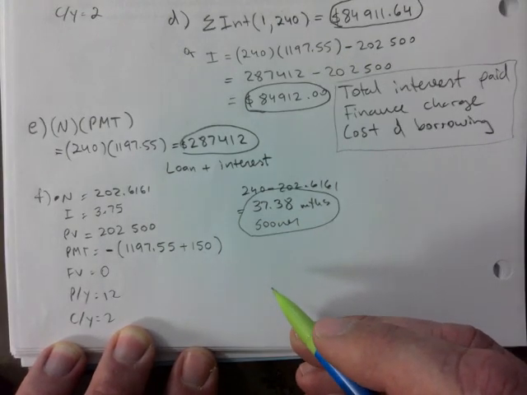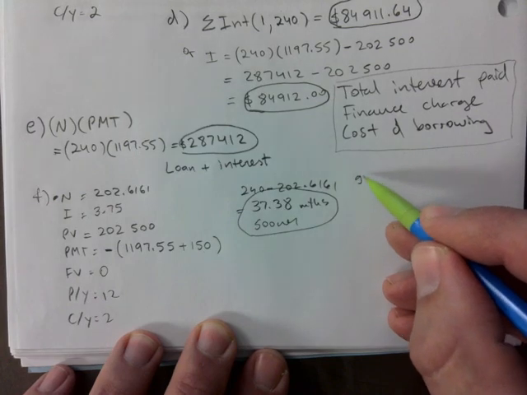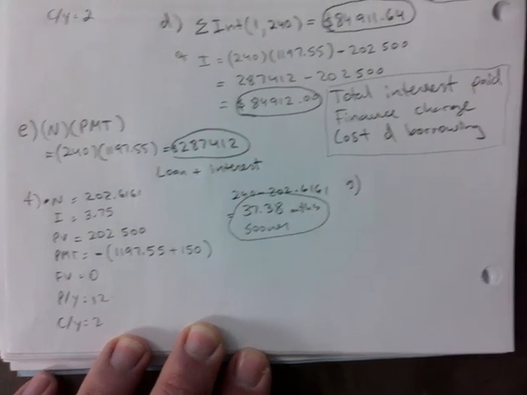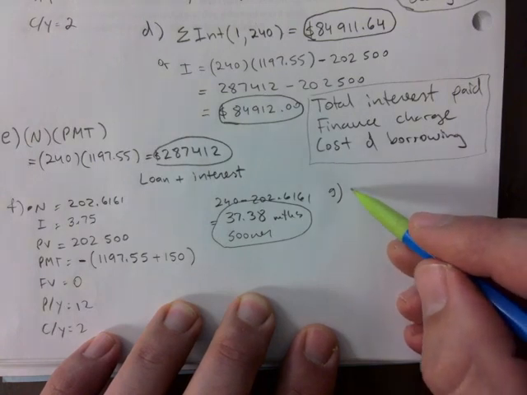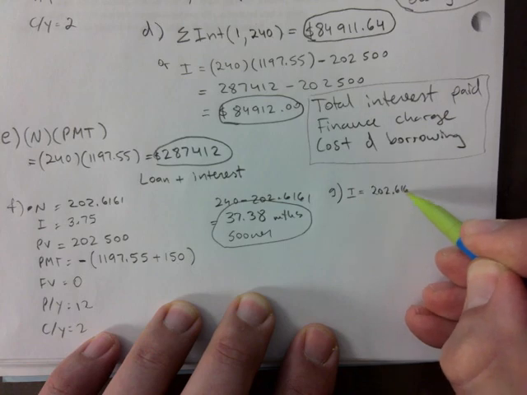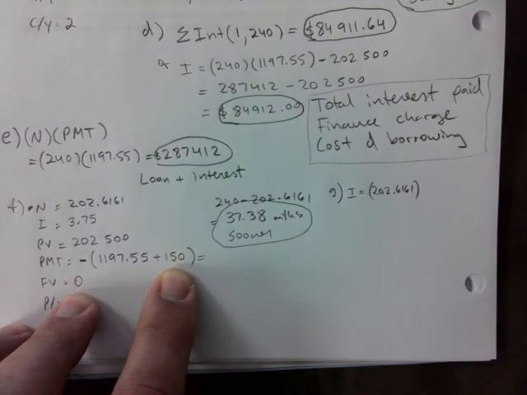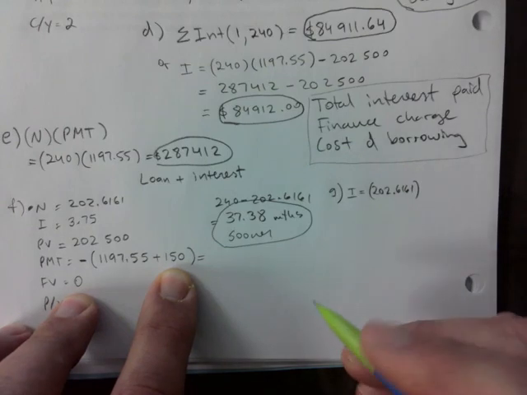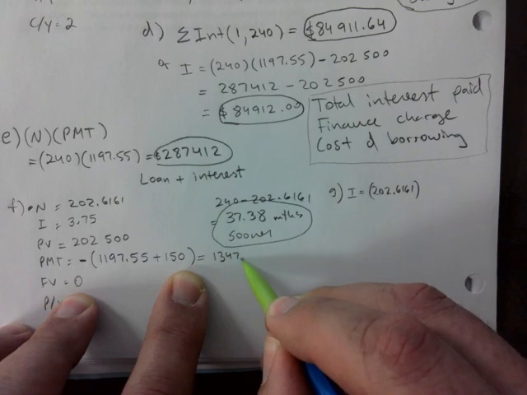What is G saying? How much would he save in interest with his new payment plan? Ooh, I like this question. I'm going to do this. Interest here would be 202.6161 times my payment, which is, I need to go check, 1347.55.